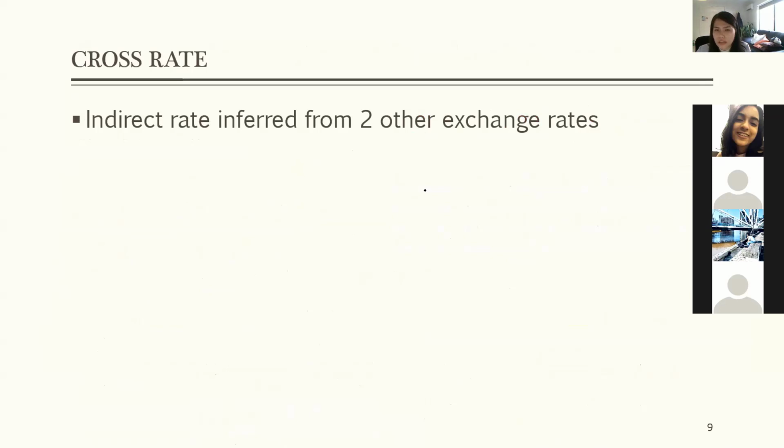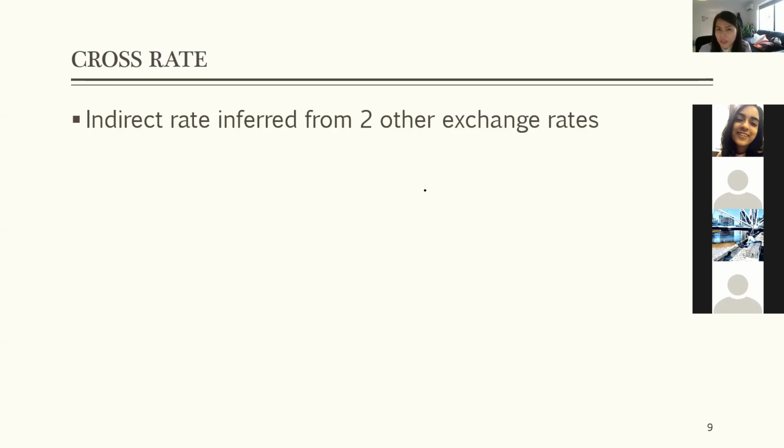Sometimes you don't get a direct exchange rate quotation. Normally currencies are quoted against the USD because it's the most commonly used currency in the world. So sometimes you don't get a direct exchange rate between two currencies that you want. But if you want to find out the exchange rate between these two currencies, you can use something we call a cross rate calculation.